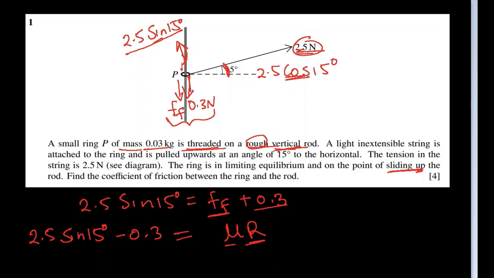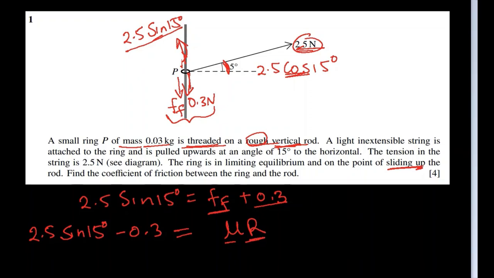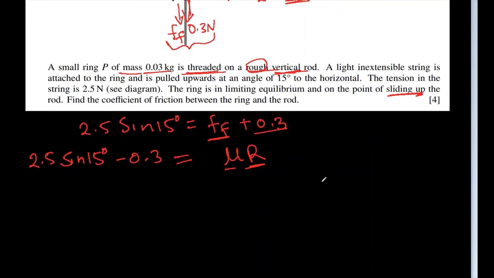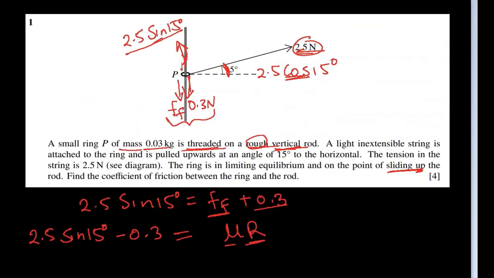Let's focus on R. We have not written R anywhere. R is the force which is normal, perpendicular to the motion. Then only it will cause friction. So which force is perpendicular to the motion? The motion of the ring will be up or down, and this is the direction. And the force we have in this direction is this, 2.5 cos 15.